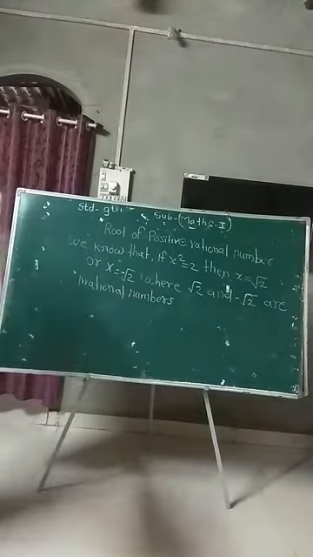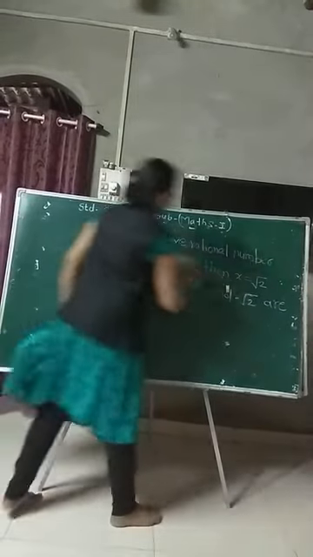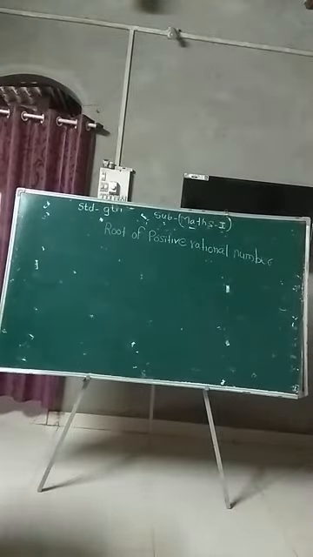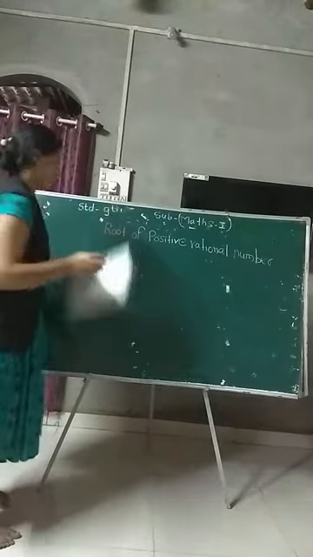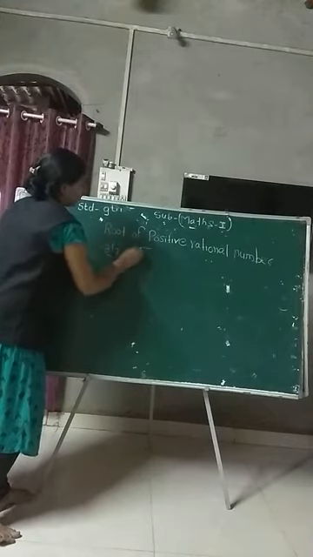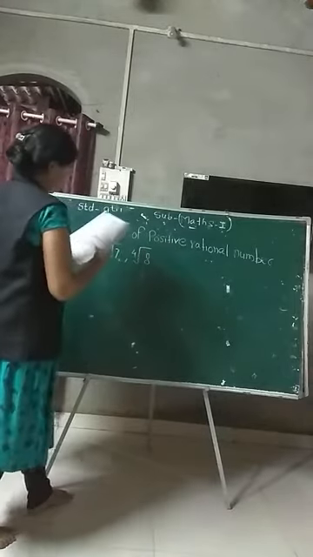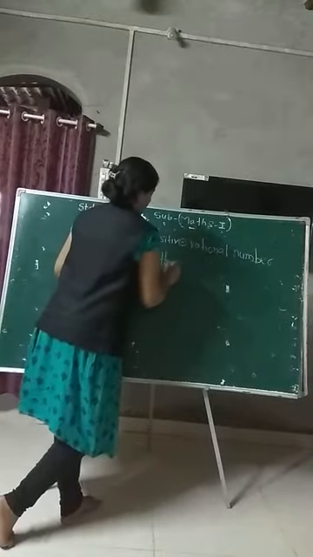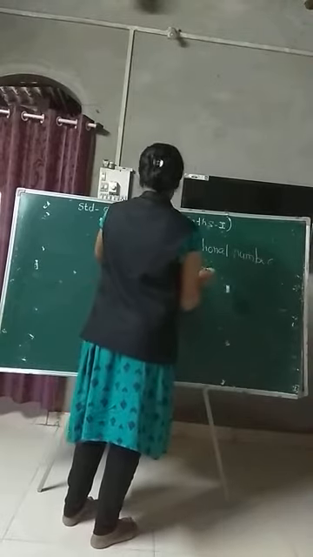This we know: the third root of 7 and the fourth root of 8, these are irrational numbers.